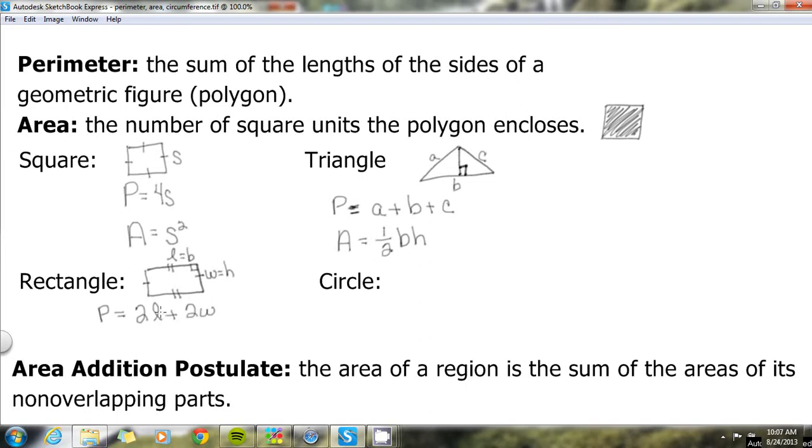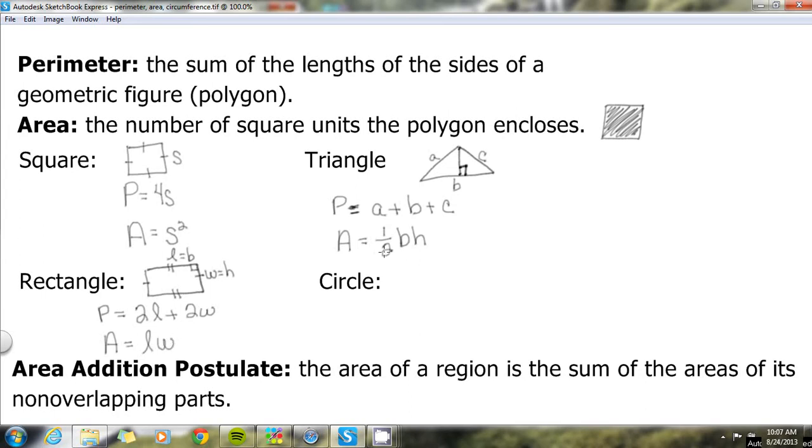Or if we were to substitute in base and height, 2 times the base plus 2 times the height. For the area of a rectangle, again we're multiplying side times side. So we've got length times width.